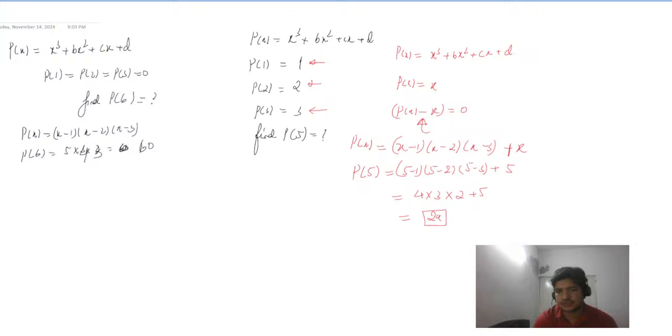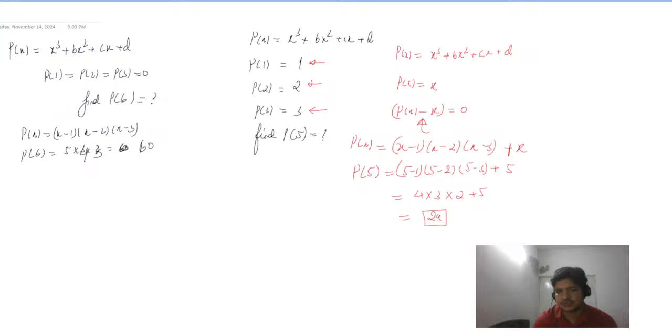Suppose we have a polynomial of fifth degree, and the coefficient of x to the power 5 is 1. Correct?